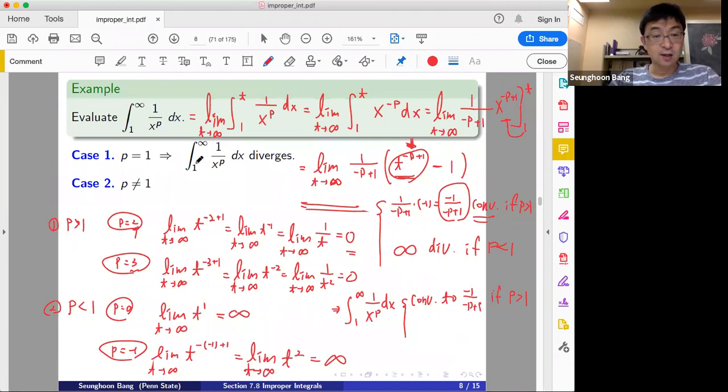If p is equal to 1 or less than 1, it diverges. So if p is less than or equal to 1, we have this conclusion: divergent.